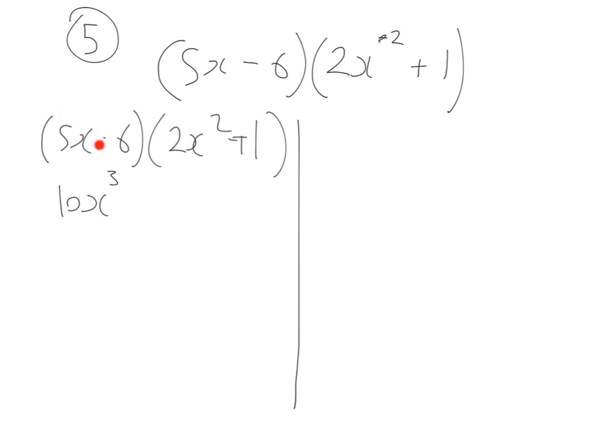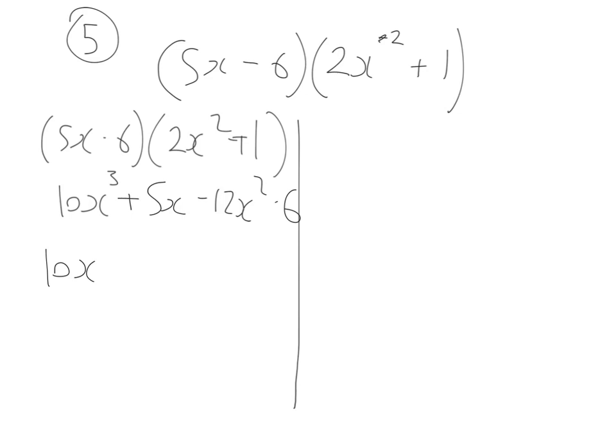Outsides, 5x times plus 1 is 5x. Insides, minus 6 times 2x squared is minus 12x squared. And lasts, minus 6 times 1 is minus 6.